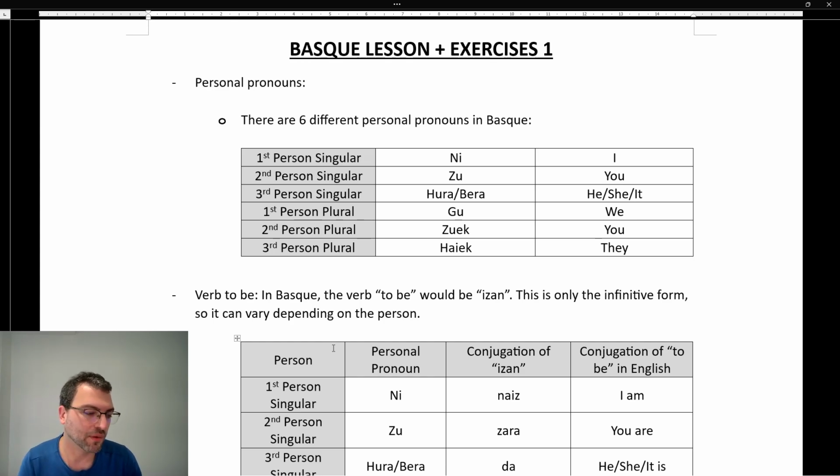It's really important to understand that in Basque, in the pronouns and everything, we don't make a difference between male and female. So while we have he, she, it, for the third person singular, it will be ura or bera, depending more on the area where we speak than any other thing.